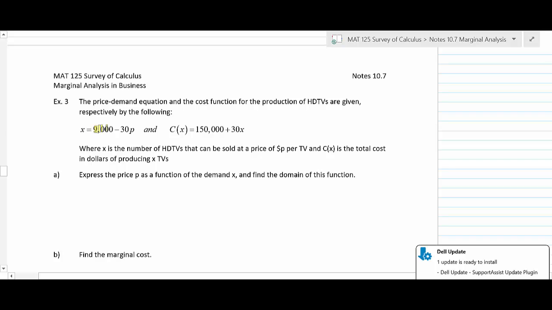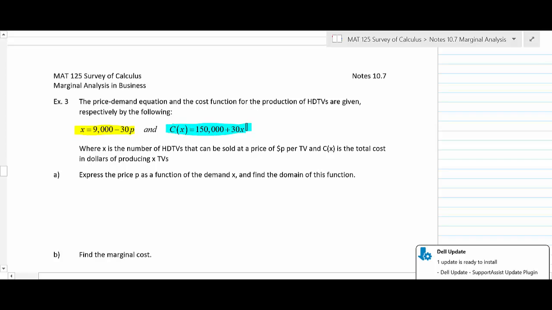What this is basically saying is the price varies depending on how many things you're producing. If you're producing and selling a lot of things, then maybe the price goes down. If you're not selling as much, then your price may go up a little bit. It varies. And then you're given a cost function, which is a linear function.